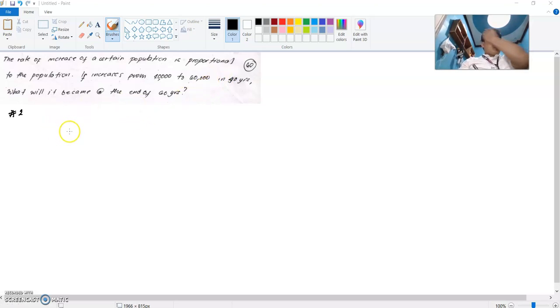Okay, so let's try to do this one. The rate of increase of a certain population is proportional to its population. Here, the one that is changing is the population, right? So let's have the variable p. So p will be our population.